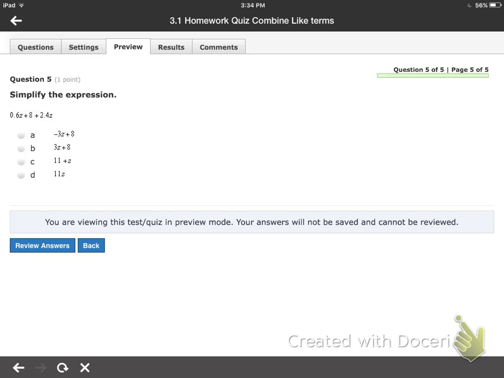Even decimals are considered terms. Instead of saying that it's a whole number, I'm just going to say the coefficient is a decimal. Here's your first term right here. It's 6/10 z. That whole thing needs to be included in the term. And let's see, are there any other z's? Yes, I have a positive 2 4/10 z.